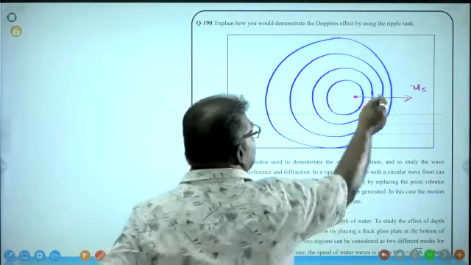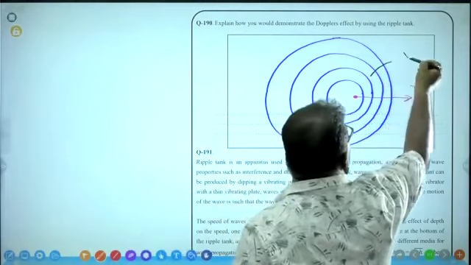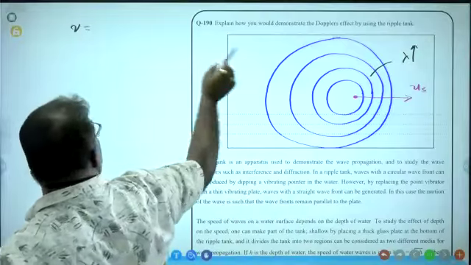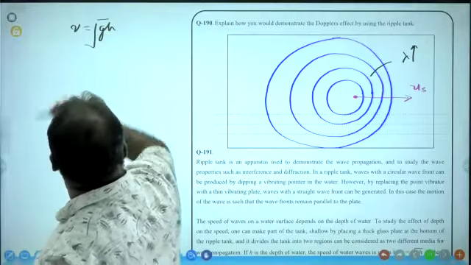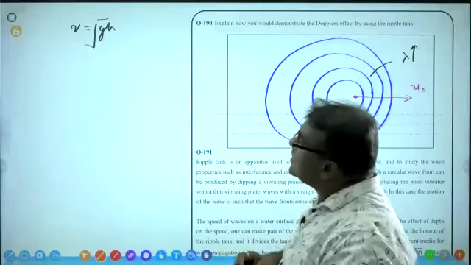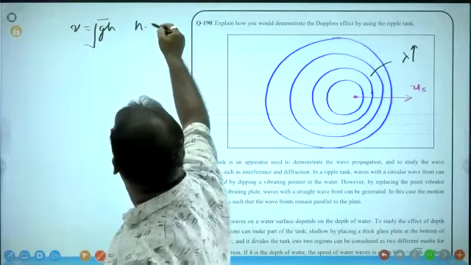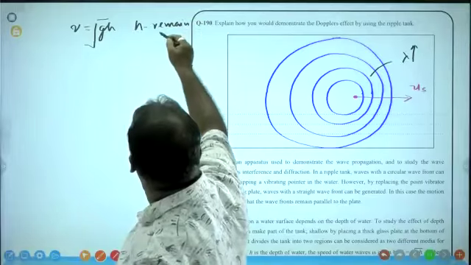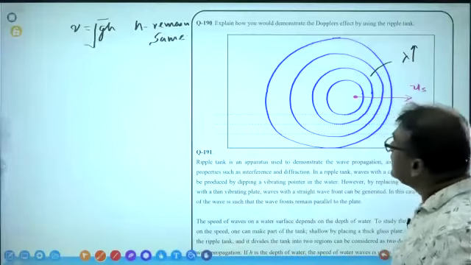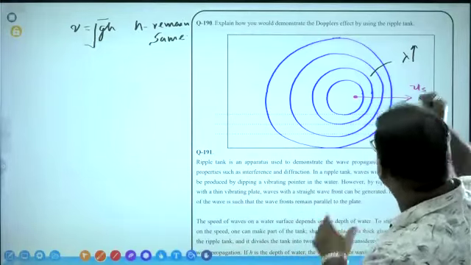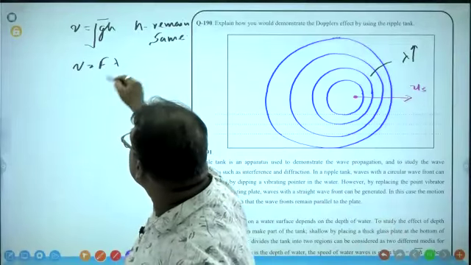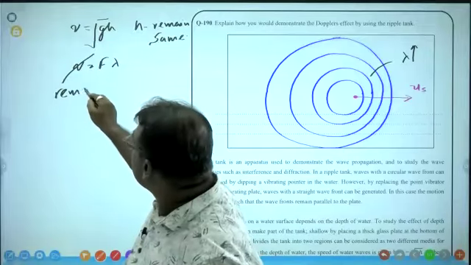How? At this side, wave fronts are closing, then wavelength decreases. Wave speed of water surface is written V equals root of gh. Then h remains same. Depth remains same. So depth is same, then wave speed same. So V equals f lambda, we have V remain same.